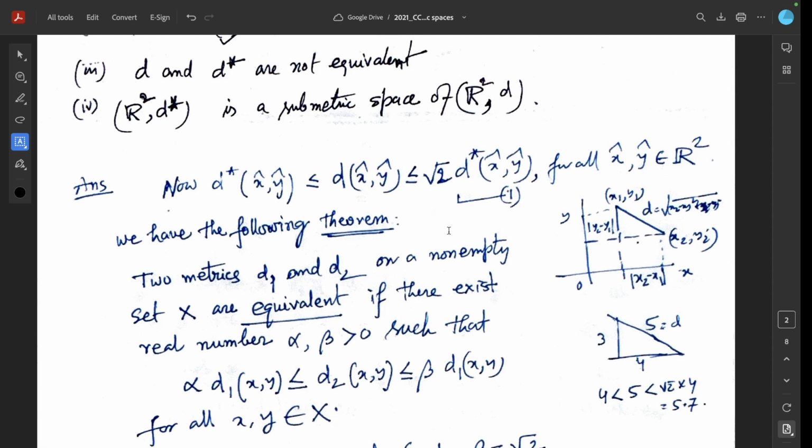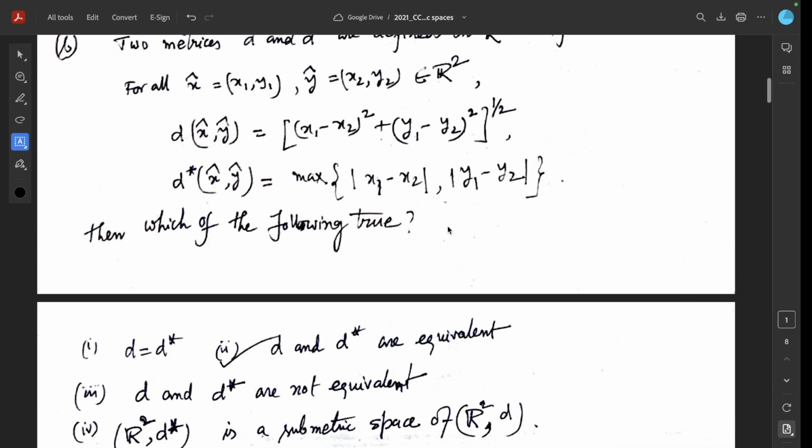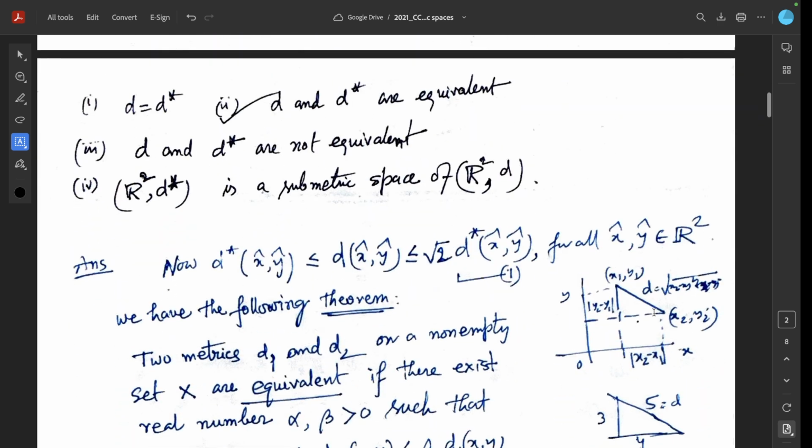So here this point is (x1, y1) and (x2, y2), so this distance d is root over of (x2 minus x1) whole square plus (y2 minus y1) whole square. So this is the hypotenuse, and these are the distances x2 minus x1 and y2 minus y1.